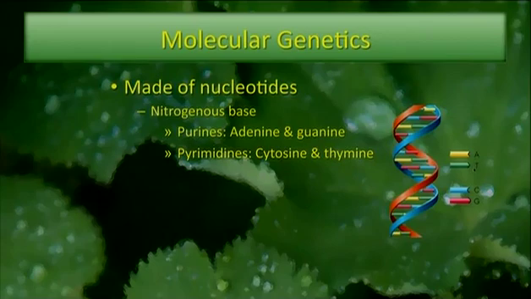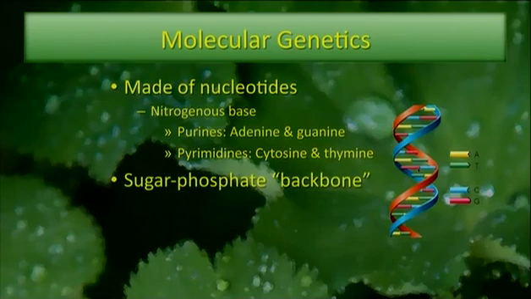These bases hydrogen bond from one side of the molecule to the other strand. A double hydrogen bonds with T, and C forms a triple hydrogen bond with G. So you have the sugar phosphate backbone, and the bases are hydrogen bonded.